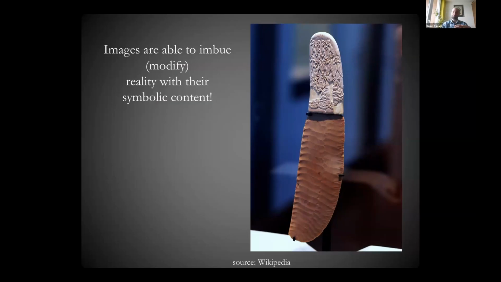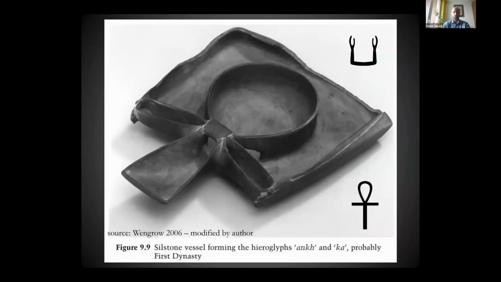So we can conclude that the images in ancient Egypt are able to imbue reality with their symbolic content. They are able to represent this. They are able to modify reality. It is absolutely one of the ways of modifying reality in ancient Egypt.